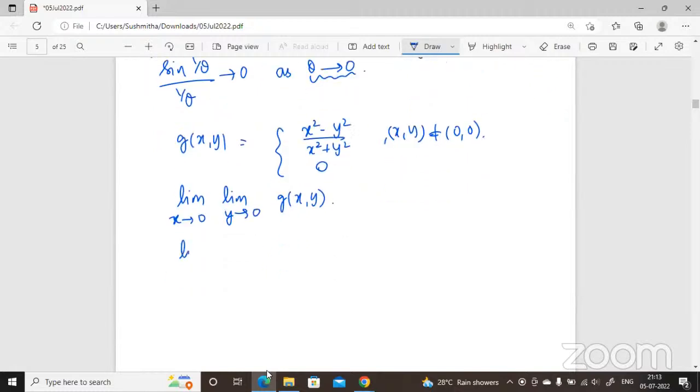So limit as x goes to 0, what is limit as y goes to 0 of G(x, y)? There is no effect on x. You just want the limit as y goes to 0. So what will you get? The limit as y goes to 0 is 1. No, x squared by x squared. Yeah, it is 1.